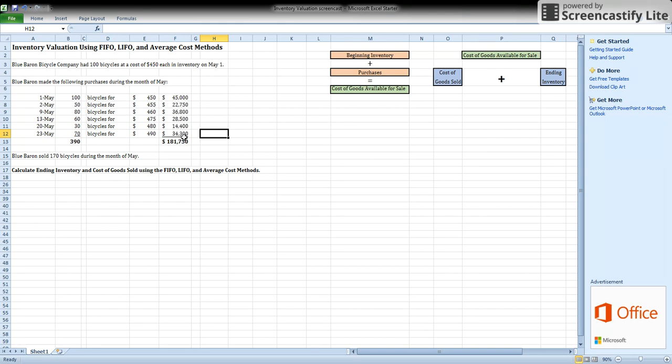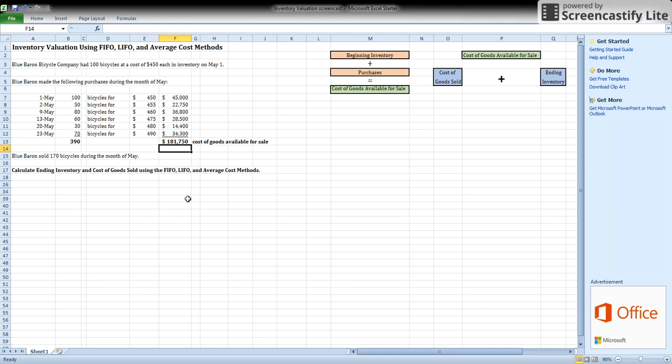And if we add that all up, we end with a total cost of goods available for sale of $181,750. So as we answer these questions, what's in ending inventory and what is cost of goods sold under the different methods, we know that the ending inventory plus the cost of goods sold has to equal $181,750. That is what we have available to sell.